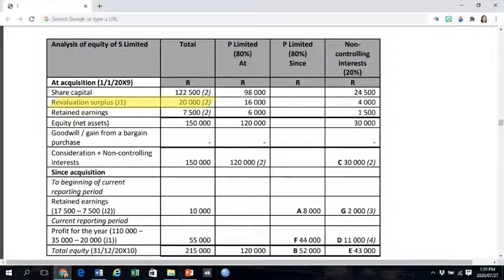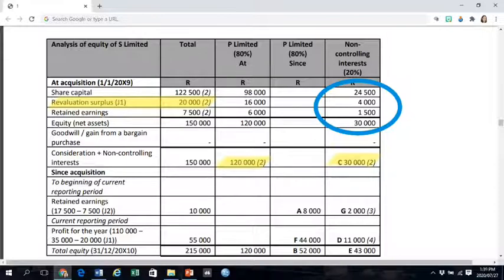That gets eliminated against the cost of the investment and the measurement of NCI at acquisition date. Because NCI is measured at their proportionate share, they also get a portion of that at acquisition revaluation surplus as part of their at acquisition measurement.